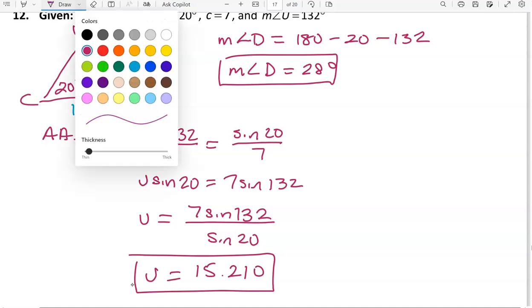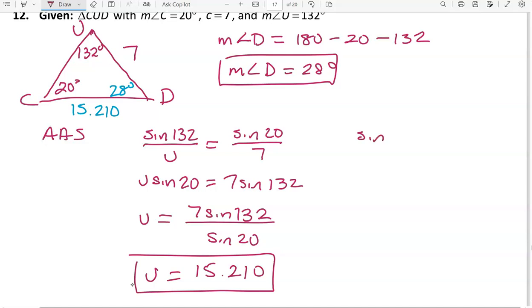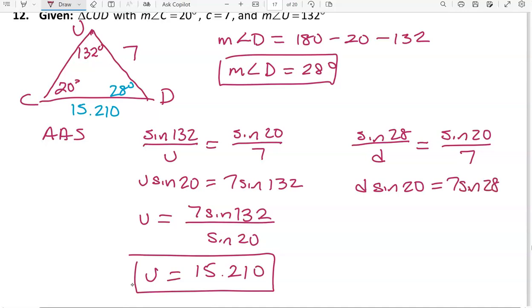We can do a very similar calculation for it. The sine of 28 degrees divided by the opposite side, which we should call d, is equal to the sine of 20 degrees over 7. And now cross multiply, d times the sine of 20 is equal to 7 times the sine of 28. And d is equal to 7 times the sine of 28 divided by the sine of 20.